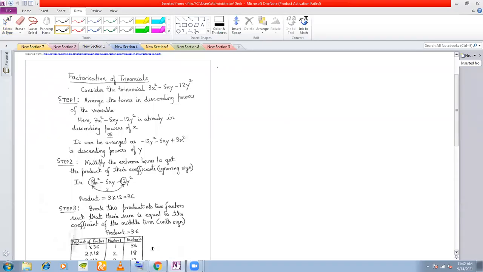In order to factorize trinomials, we first understand the definition of trinomial. If you remember in the beginning, when we started, I had defined trinomials. What is a trinomial?